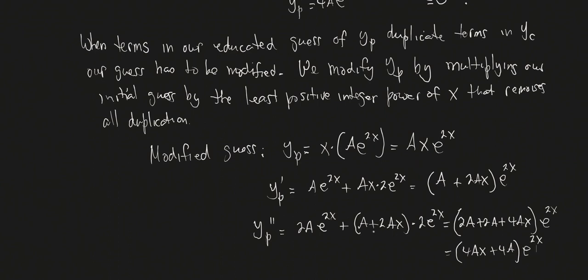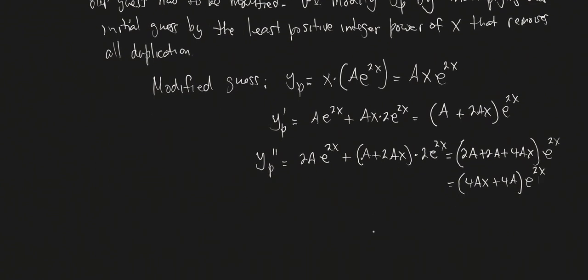All right. So now that we have these, let's write down what our linear operator does. So L of y sub p, my modified guess, takes the second derivative, which is 4ax plus 4a, that quantity, times e to the 2x, and it subtracts 4 times the original, so I have minus 4 times ax e to the 2x, right?